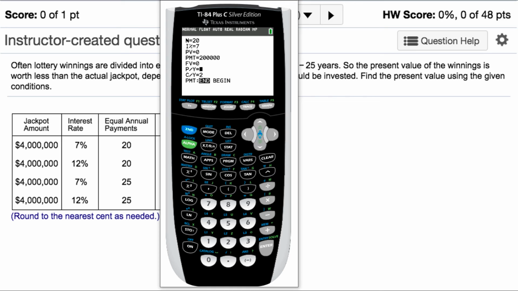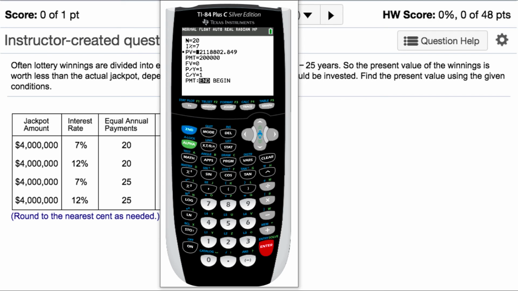Payments per year and compounds per year are both 1 because the payments are annual. So what we're solving for is, what is the present value? Essentially, how much do they need to have now to pay out $200,000 a year for 20 years at 7% interest? We'll solve for that present value, and we get $2,118,802 and about 85 cents.